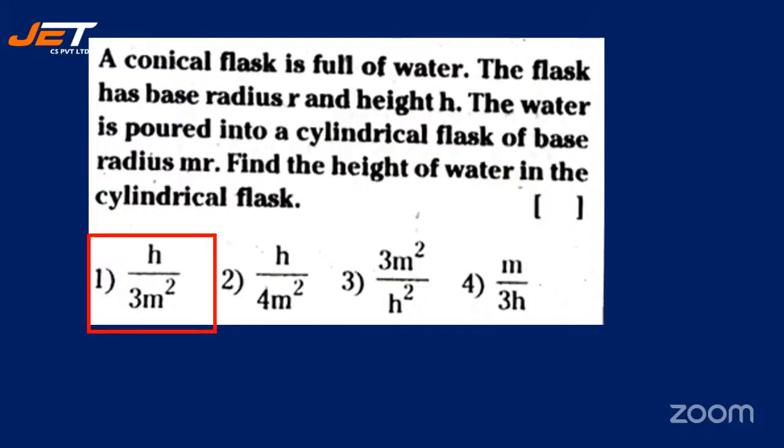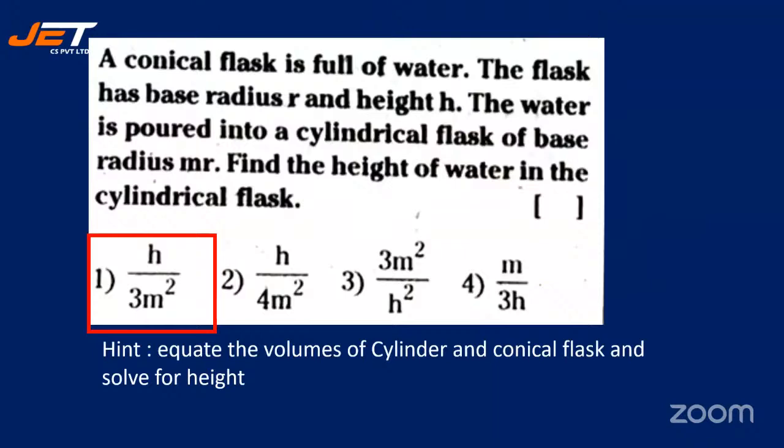Okay, let's see. It is h by 3 m squared. So how do you do this? You should equate the volume of the cylinder and conical flask. Okay, and then if you solve for the height, then you will be getting the height.